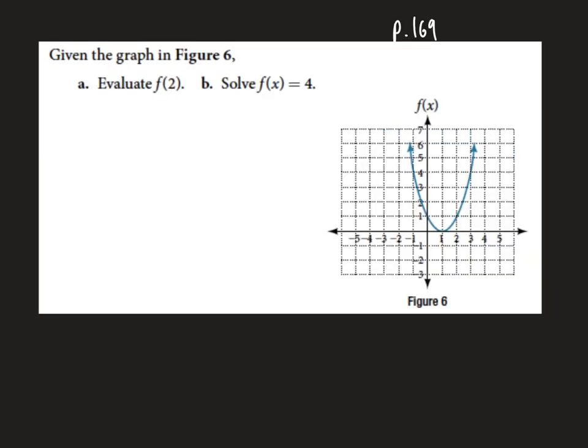Next, we're going to look at using a graph to find values. So again, reading this, evaluate f of 2. Here's our function f of x, the y values being the function of x. So what x's I plug in to get certain y values back out. It's saying plug 2 in for x. Or if 2 is the input, what is the output?